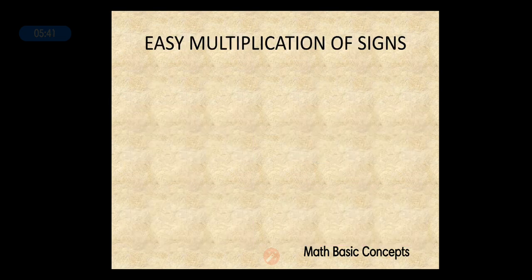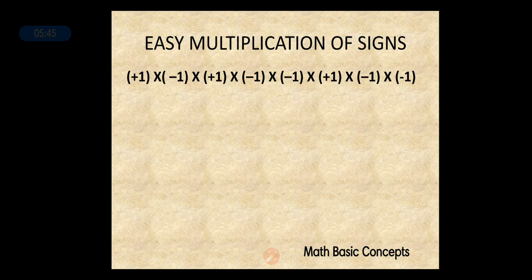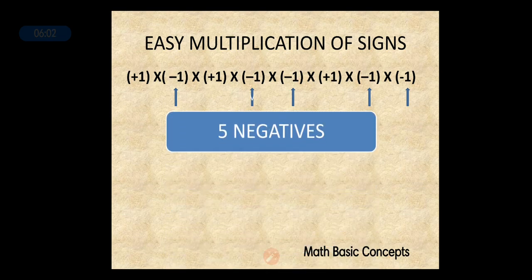Here we will learn some easy multiplication of signs. Suppose we have a question like this: some positives multiplied by some negatives. The easy method is to count how many negatives there are. In the question, we can see we have 5 negatives.